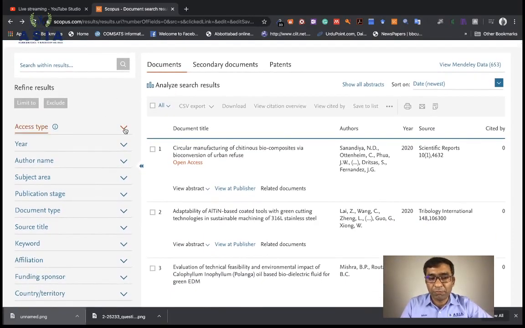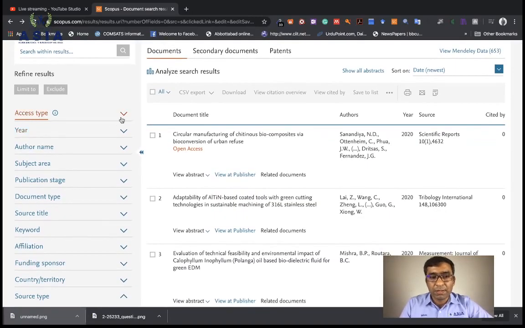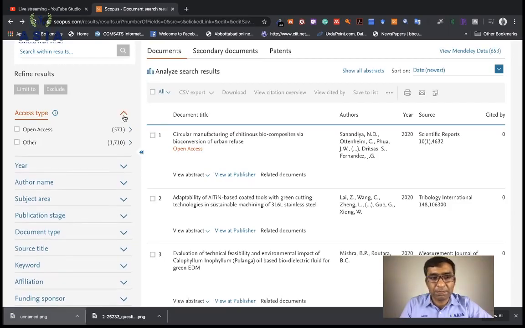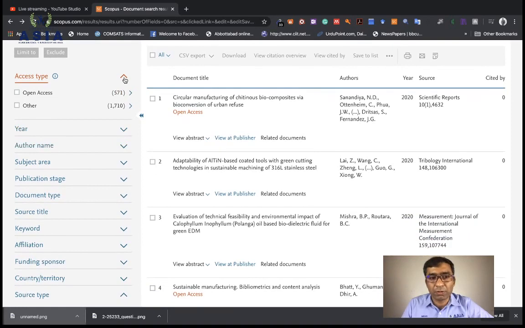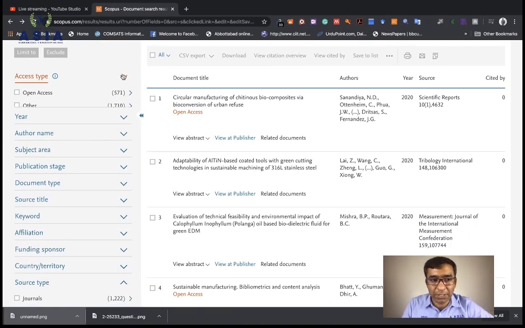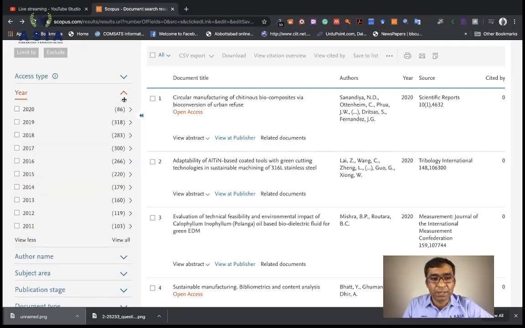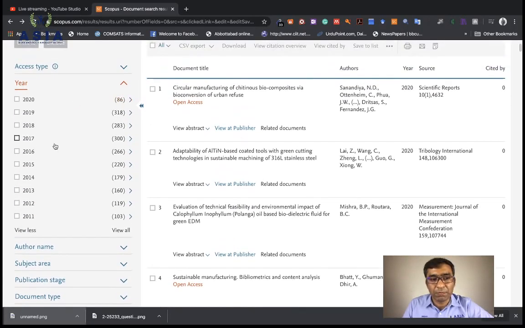So let's see how we can reduce this number and filter some information. Here, if you see the left side of your screen, you will see different options, the access option. Now total 571 open access articles and 1710 others or closed access articles. So if you want to reduce to open access or closed access, you can do it. Then number of years, you can see all the information is available.